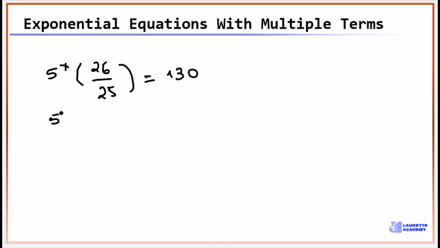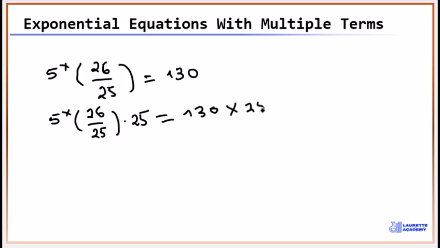We have 5 to the power x times 26 over 25 times 25 equals 130 times 25. 25 will cancel 25 here, and we are left with 5 to the power x times 26 is equal to 130 times 25.